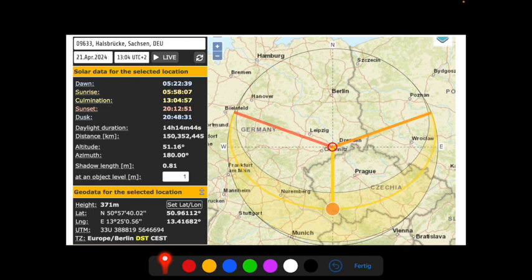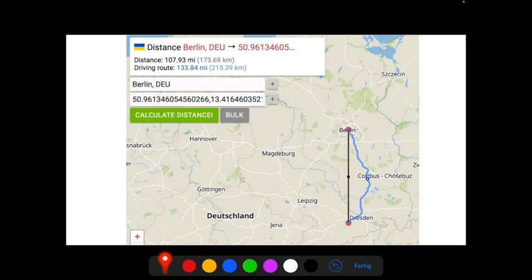These are the two values that we want. And back to the distance between point A and point B, I used a distance calculator. Also type it into Google. You can find this. I'm going to give you also the link to this. What you want to do is just mark a point. It could be even further if you want. Just mark a point that aligns with Berlin's longitude.